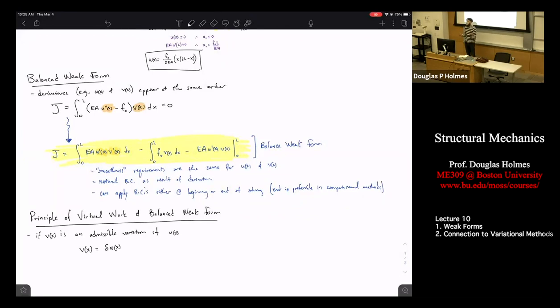So if v of x is an admissible first variation of u, then J is equivalent to the first variation of our total potential energy.